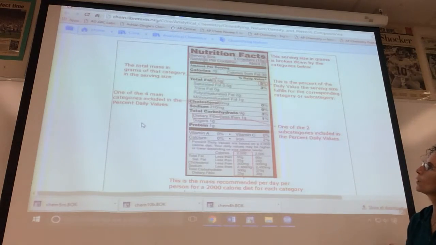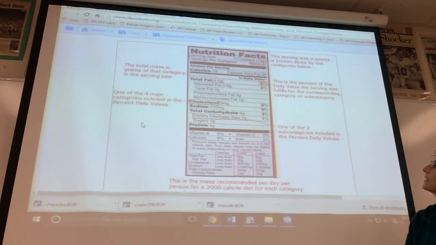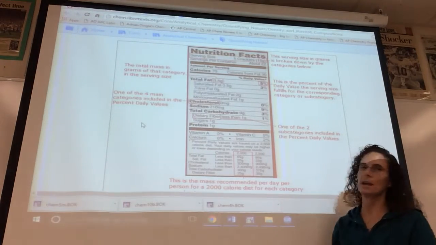For example, with these crackers, 5% of the daily value, you're hitting the total fat category, 9% for sodium.